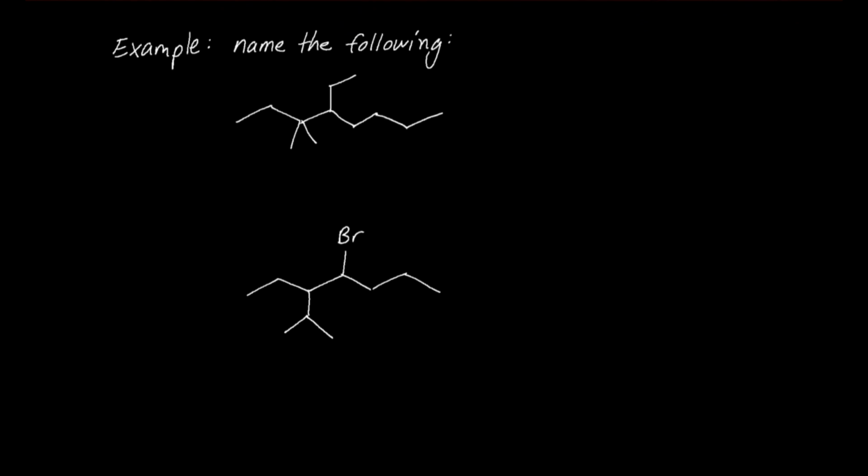Now we know the approach. Find the parent chain, find the longest, most substituted parent chain. Longest chain, 1, 2, 3, 4, 5, 6, 7, 8. So it's an octane, N-octane.